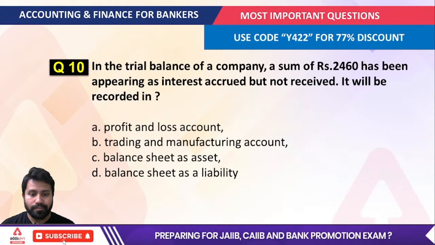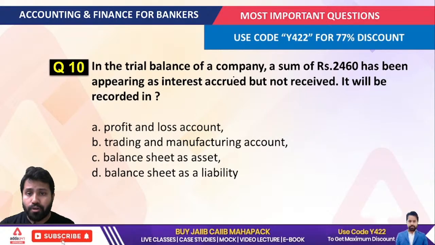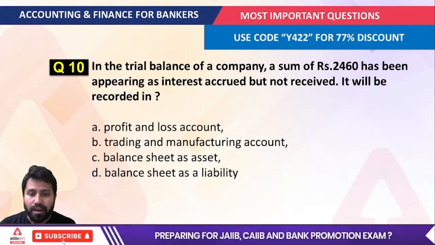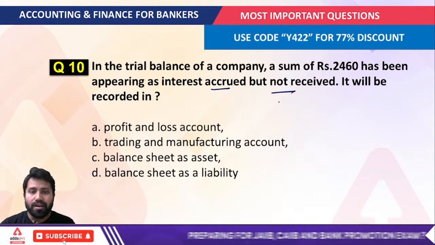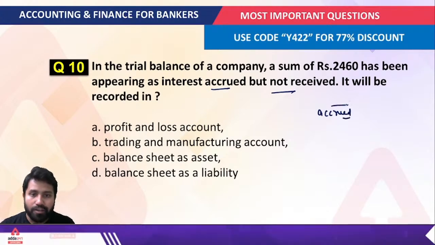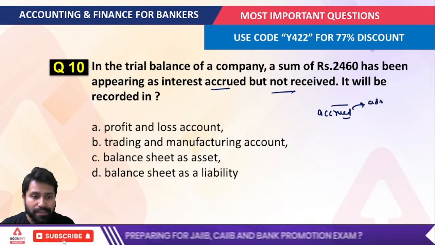In the trial balance of the company, a sum of 2,460 appears as interest accrued but not received. Whenever you are talking about anything that is accrued but not received, you are talking about an asset.